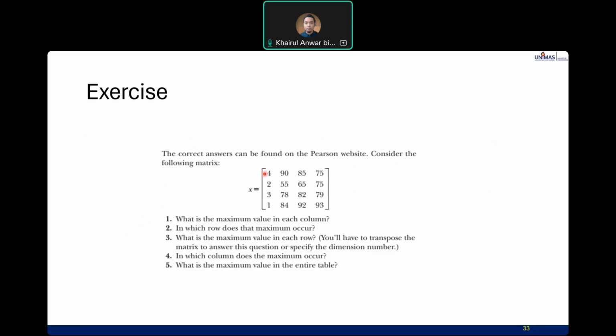You do this exercise. To do this exercise, you need to define this x first. This is a 4 by 4 matrix. What is the maximum value in each column? So this is the column. So how to do that? You need to use the code in table 3.5.